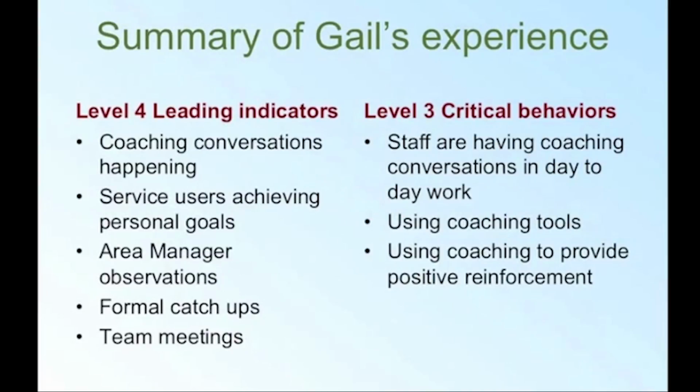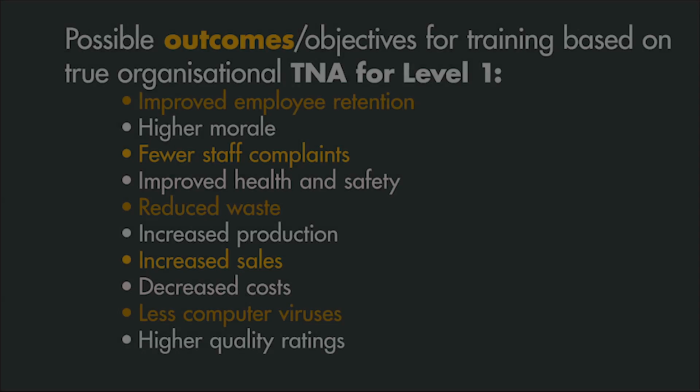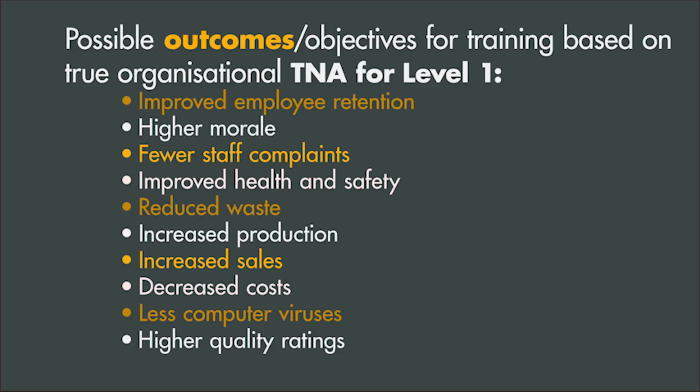We've just put up on screen for you a summary of some of the key points that Gail said, just so that you've got this as a record when we send out the recording. The following are possible outcomes or objectives for training based on true organisational training needs analysis for Level 1.